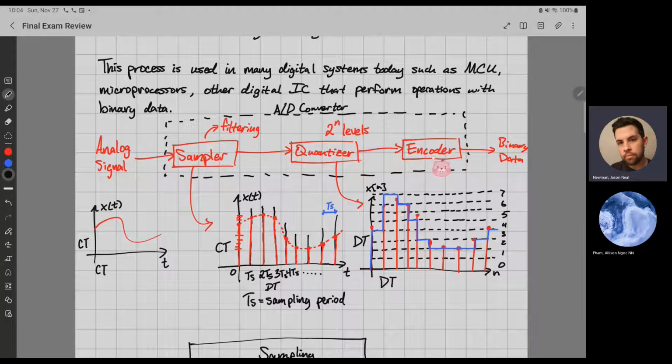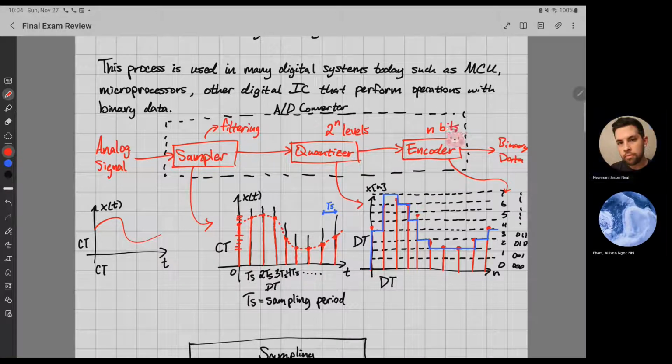And then the encoder is basically your last step, and it converts all of these to binary. So this would be 000, 001, 010, 011, etc. Right? And that's what the encoder does. So this is all the steps. And oh yeah, your encoder is determined by n number of bits.